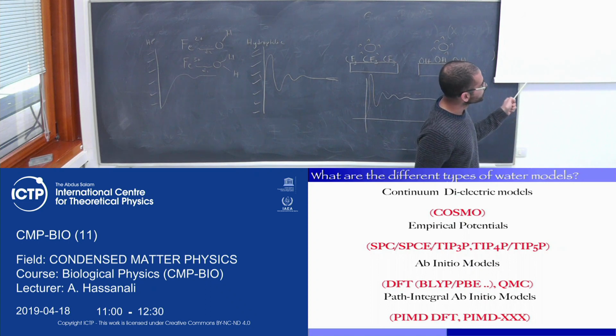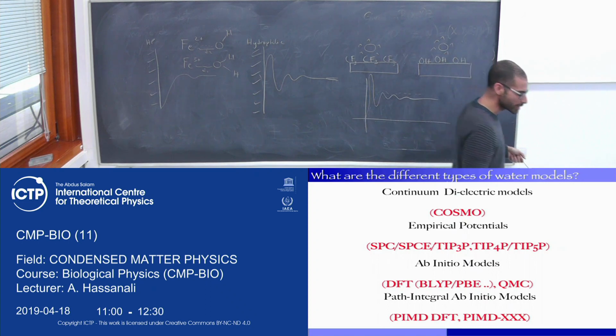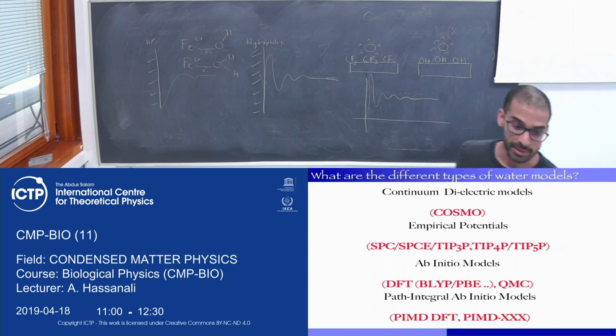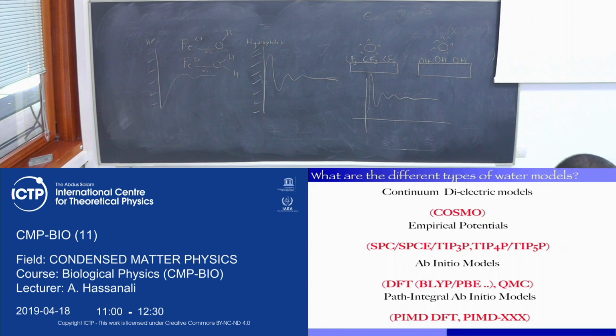And for water, for many years, it was not understood why DFT didn't work as well as people thought it would. Then it was discovered that what was missing was dispersion, van der Waals. If you knew the exact form of the correlation part of the exchange correlation, then you wouldn't have to worry about dispersion, because dispersion is a part of electron correlation.